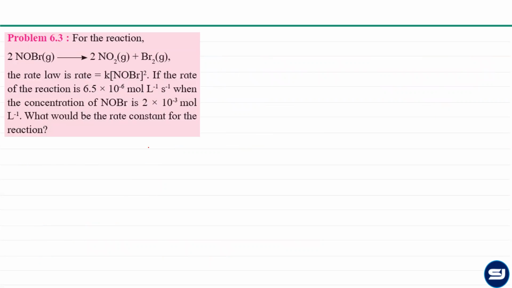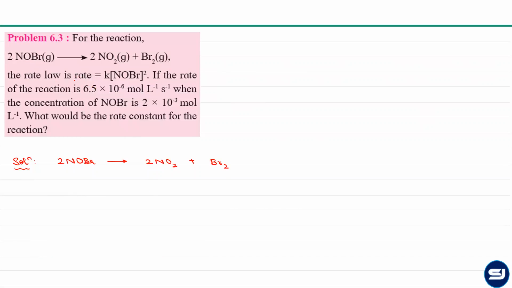Next, for the reaction given, let's write the reaction first. It is twice NOBr, which will break down to give twice NO2 and Br2. The rate law is rate equals K times NOBr the whole raised to 2.